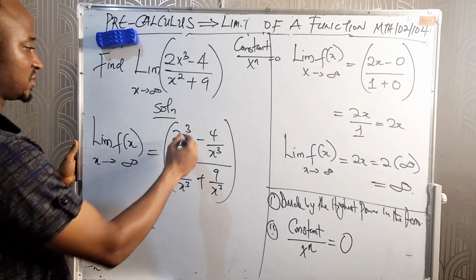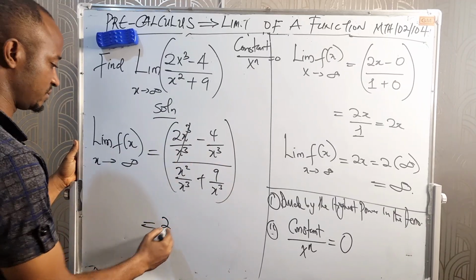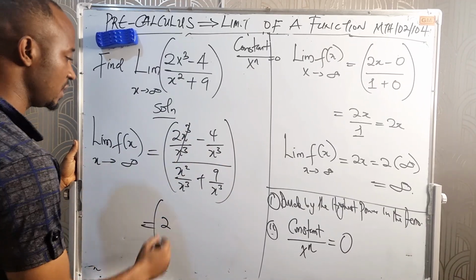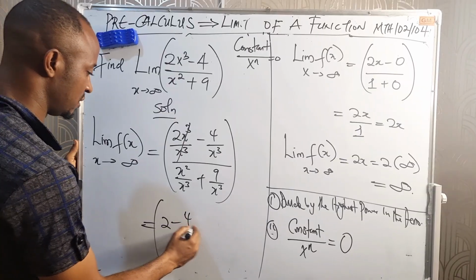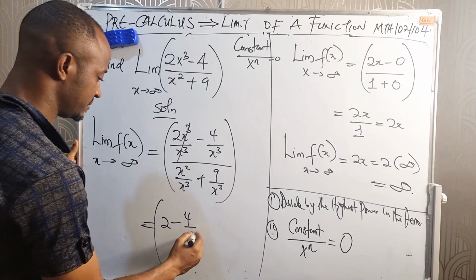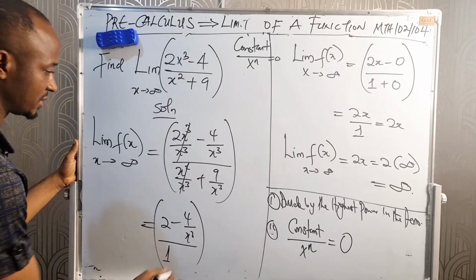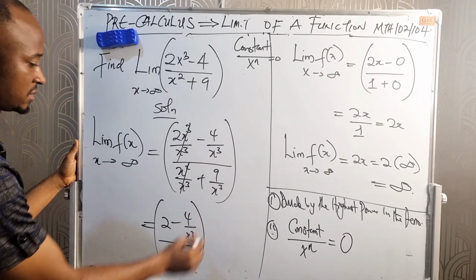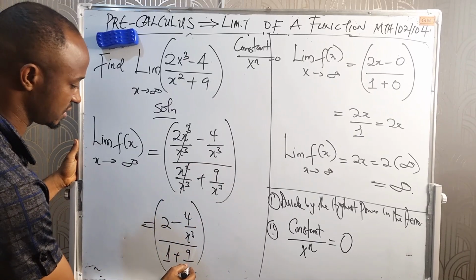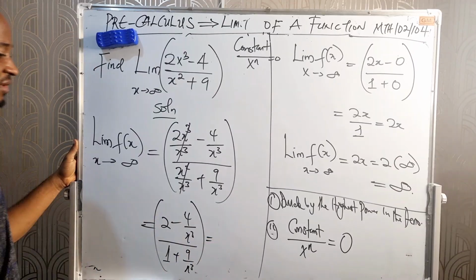This will give us 2 minus 4 over x cubed, divided by 1 plus 9 over x cubed. Let's evaluate further.